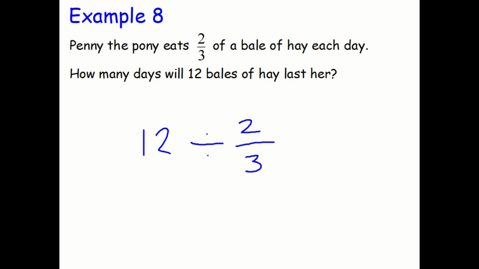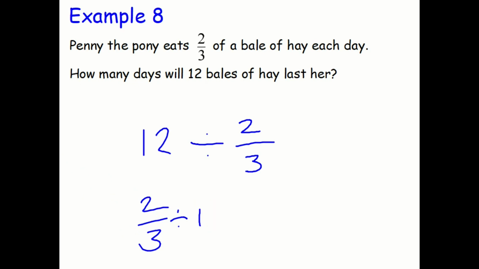This is the only way that this question can be written. It has to be written like this, 12 divided by 2/3. It cannot be written as 2/3 divided by 12 because it will give you a very different answer.